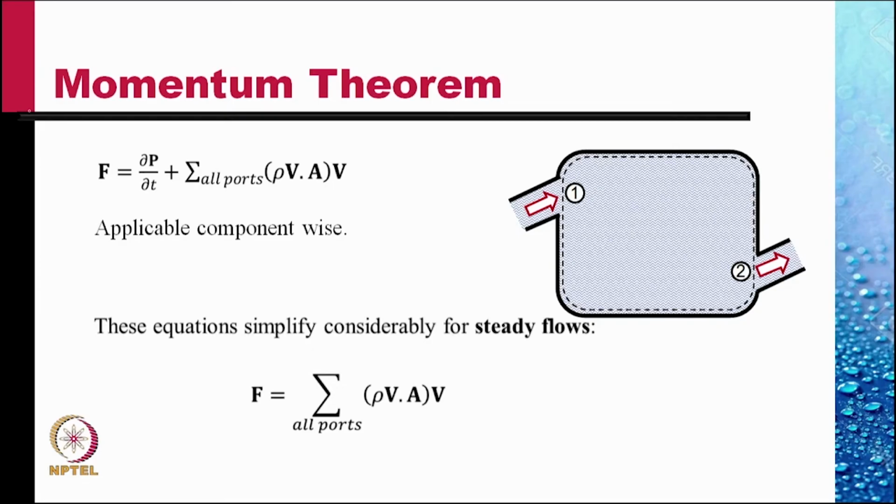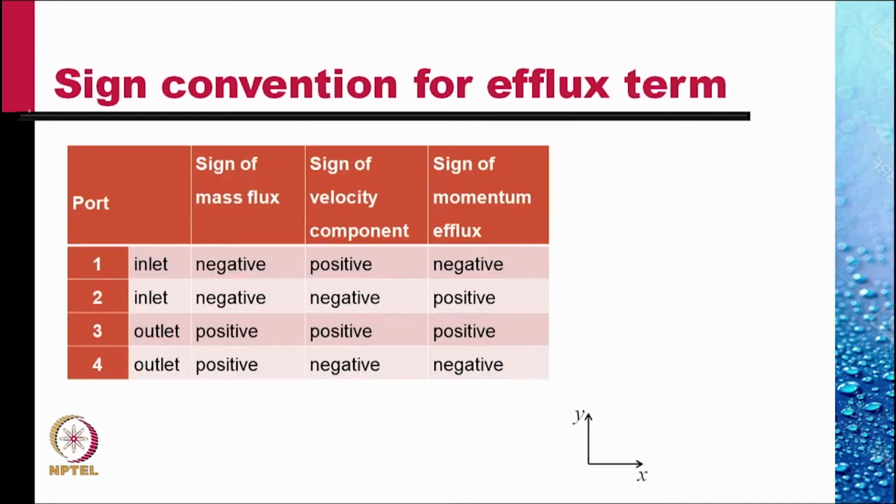A very simple equation. We need to worry about the sign convention for the efflux term, and as was said before, at the inlet the sign of the mass flux is negative in this picture that we have shown, because the area vector is outwards, towards the left and down, and the velocity vector is towards the right and up.